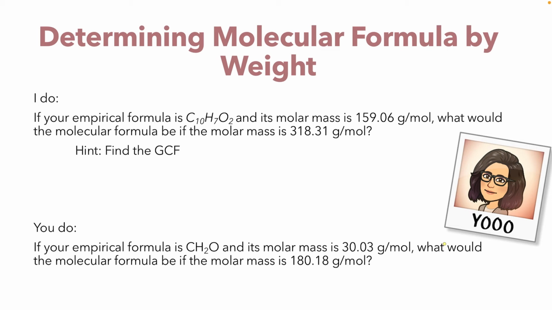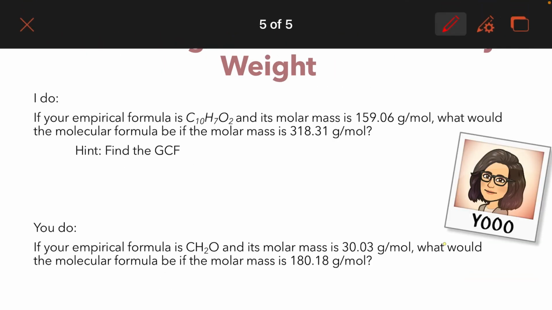If your empirical formula is C10H7O2, and its molar mass is 159.06 grams per mole, what would the molecular formula be if the molar mass is 318.31 grams per mole? It asks us what the molecular formula is. To find the greatest common factor, we can just divide those masses by each other.